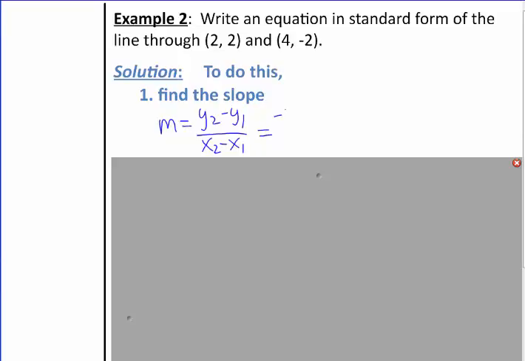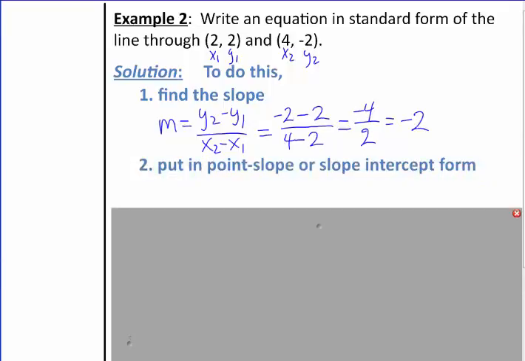So now I'm going to plug in my numbers, -2 minus 2 over 4 minus 2. Remember at the top, I have an x1, y1, x2, y2, so those are where my numbers came from. On the top we have -4, on the bottom we have 2. So our slope is -2.